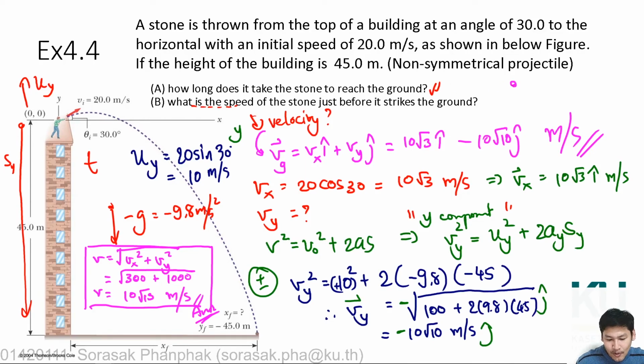Because it's pointing downward for vy and pointing forward for vx. If you would like to answer precisely, this is supposed to be the negative sign, not the plus sign. The reason I already told you: the square root forces it to be positive, but you know the direction of the motion. That's why it's supposed to be a negative sign here.